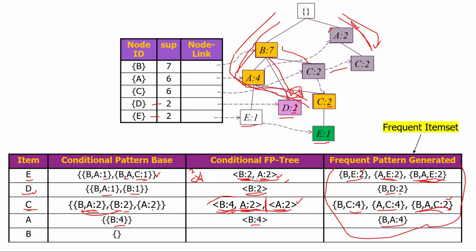So this is very expensive. In comparison to the Apriori algorithm, the frequent pattern method is much less expensive to generate frequent patterns.